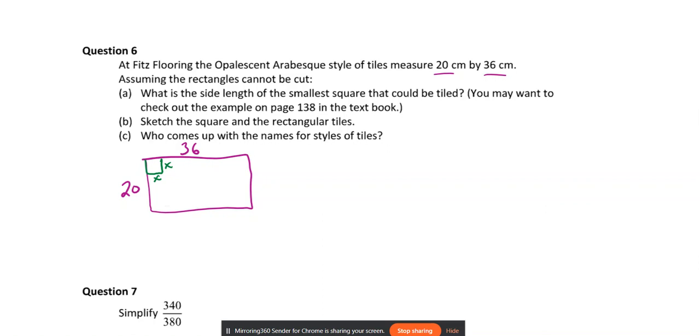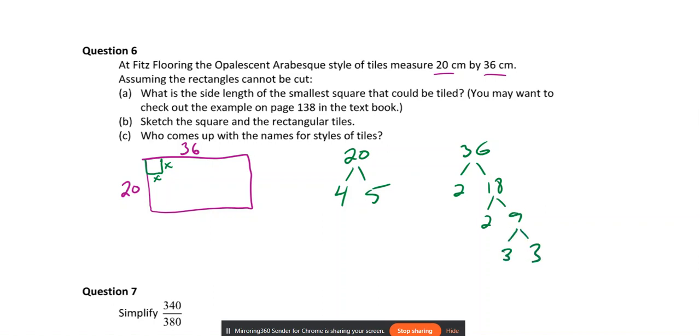So you might be able to do this one in your head. What do you guys think? What's the biggest number that goes into 20 and into 36? 4. So 4 goes into both of them. If you just know that, that's the biggest number that goes into both, great. But we could also break it down. We could say 20 can break down as 4 times 5. 36 can be broken down as 2 times 18, and then 2 times 9, and then 3 times 3.